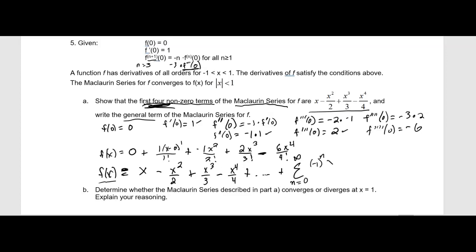We would then want to take an x, so all of these have an x to the first, x squared, x cubed, x to the fourth, so we're going to have an x to a power, and if we're starting at 0 and we want our power to be a 1, we'd have to do an n plus a 1. Then in our denominator, if we want a denominator of 1 and then 2, 3, 4, and we're starting with an n value of 0, you would need to again do an n plus a 1 so that our first denominator is going to be a 1.